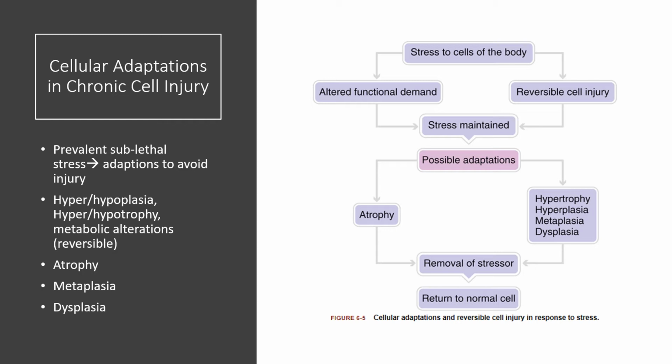So what are these adaptations that the body undergoes? So what is hyperplasia? Hyperplasia is simply an increase in the number of cells. Hypoplasia is a decrease in the overall number of cells.